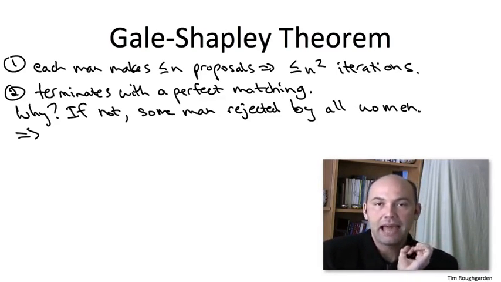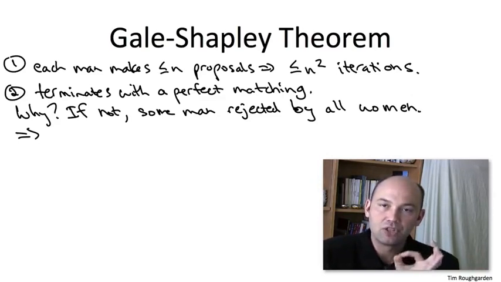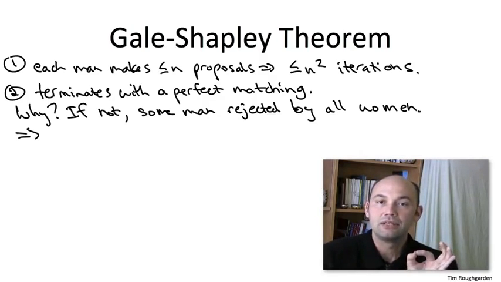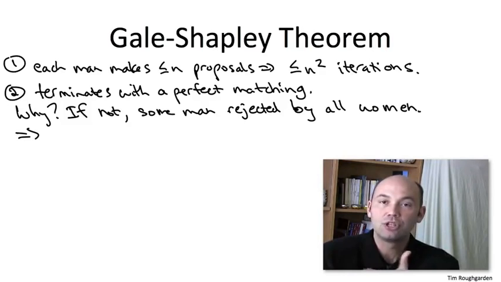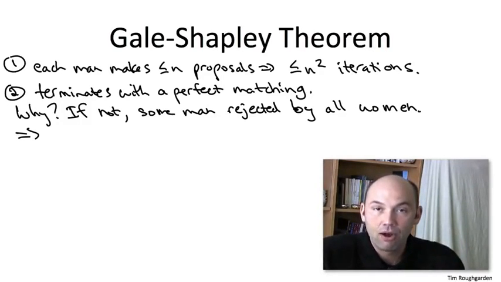Moreover, if you inspect the algorithm, you'll notice that once a woman is engaged to somebody, she will remain engaged forevermore. The only thing that changes is that the woman is engaged to men that she likes better and better as the algorithm proceeds. So a man rejected by everybody implies that all women get engaged at some point in the algorithm, which means that they're all engaged at the end of the algorithm.